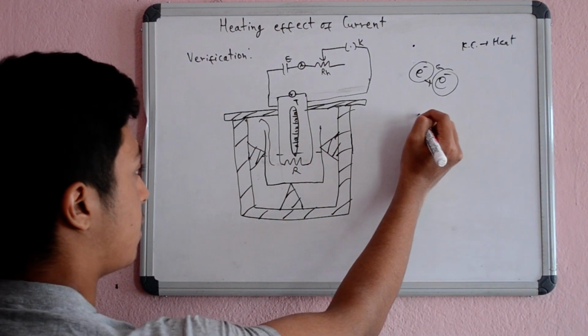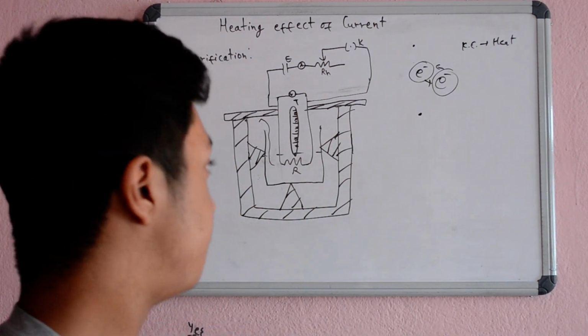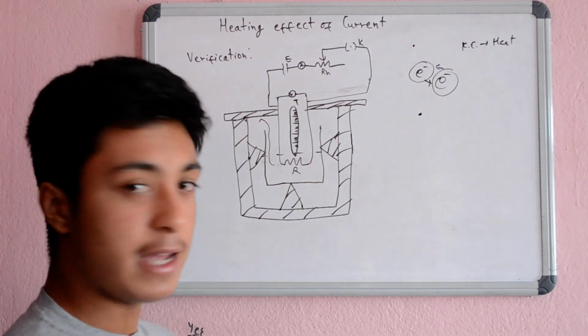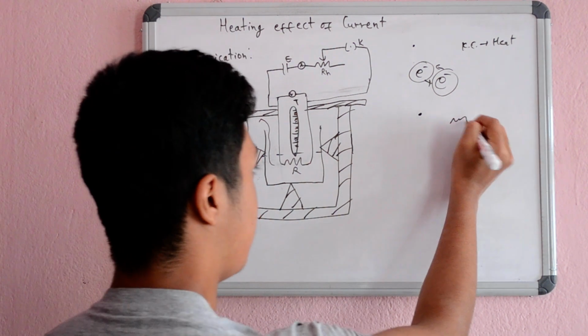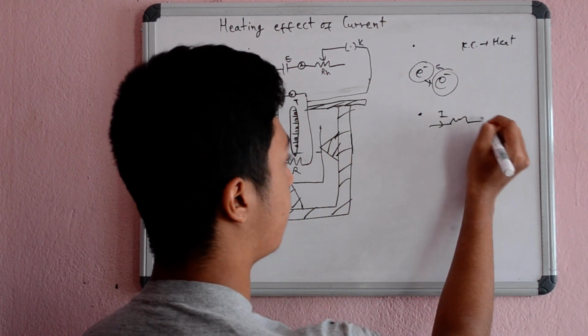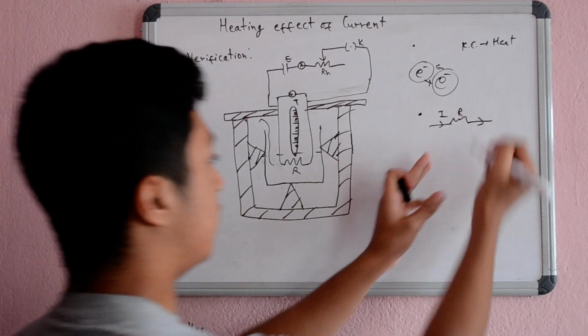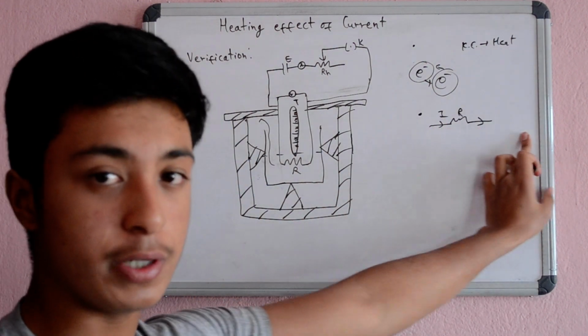And for the second part, we have the current and resistance theory. As you know, in a circuit there is some resistance, and a current is passed through it. The current passes through the resistance and keeps on flowing.